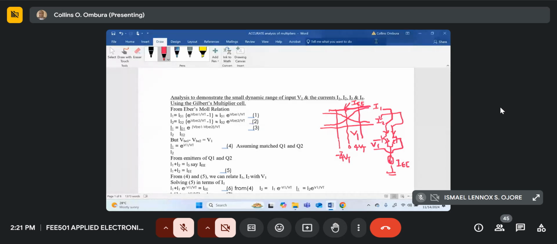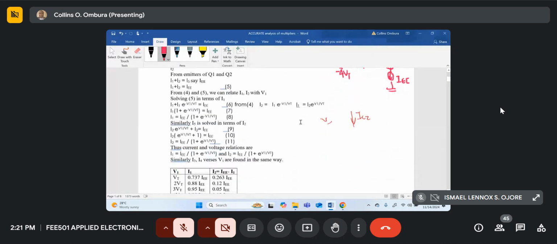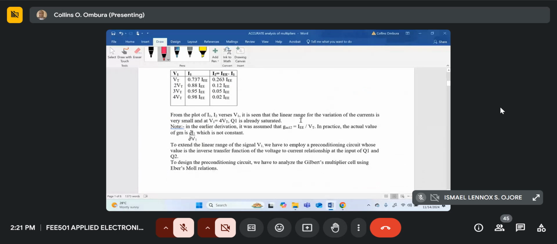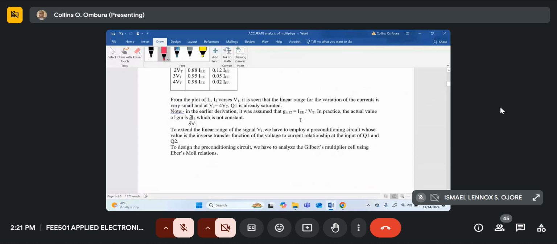So we have to come up with a new scheme of how to analyze the Gilbert's multiplier.